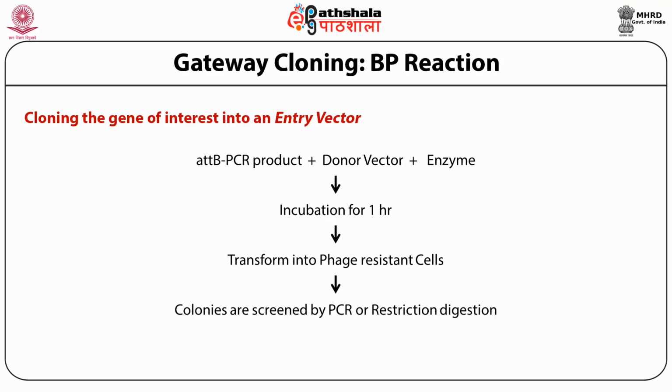Usually, this reaction is allowed to be carried out for 1 hour. Then, the reaction mixture is transformed into competent cells which are resistant to phage. Transformants are screened by PCR as well as using the selection markers, and then also confirmed by restriction digestion, Southern blot, Northern blot, or any other method which is available in the lab.